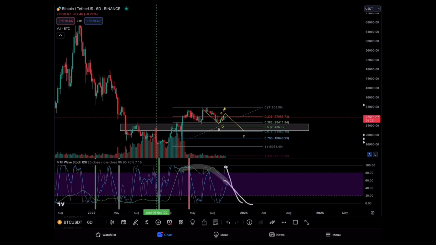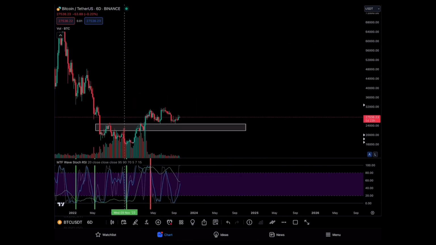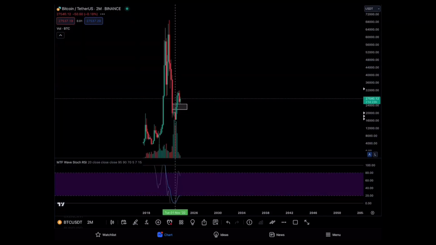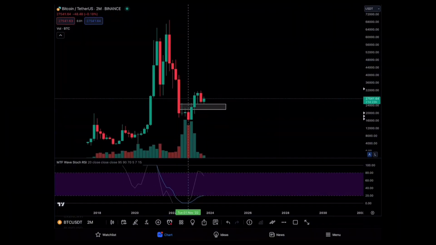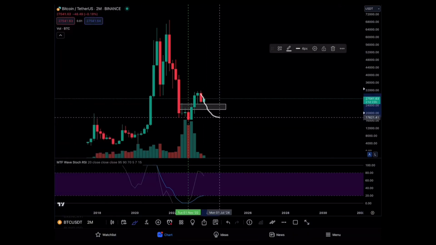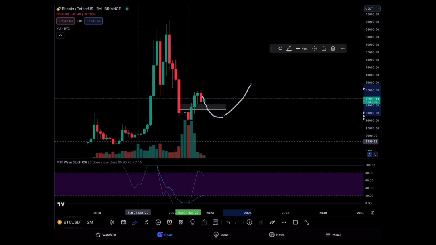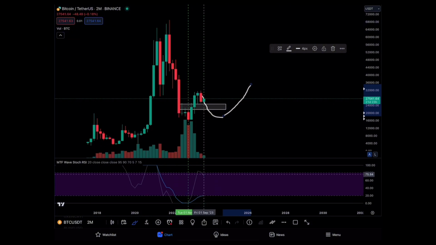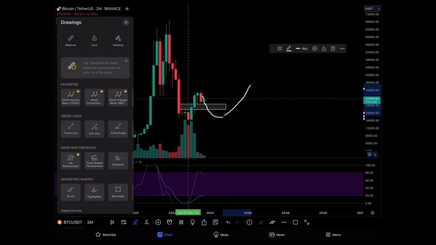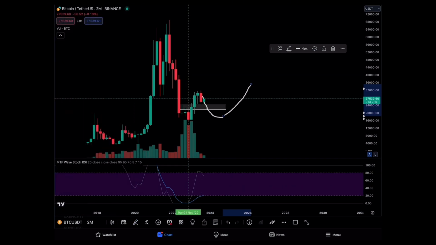So let me just draw it on a larger time frame for you, but let's just clean up first. If you were to think that this is gonna happen like that, you would probably think that this is gonna be a wave that's gonna go all the way down like that, and then it's gonna go up again. Why? Because usually when a fake up goes like that, it has to correct properly until the start of it, if not more.